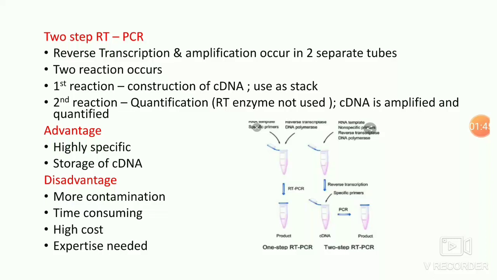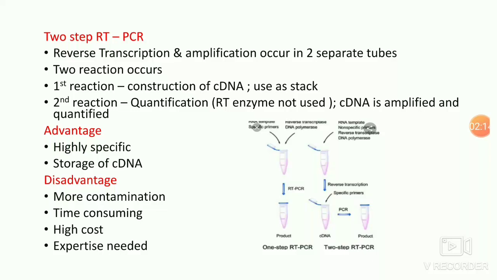Next is two-step RT-PCR. In two-step RT-PCR, reverse transcription and amplification are performed in two separate reaction tubes. So, two separate reactions occur. In the first reaction, reverse transcriptase enzyme, dNTPs, reaction buffer, oligo-dT primers and random primers are used to construct the cDNA.